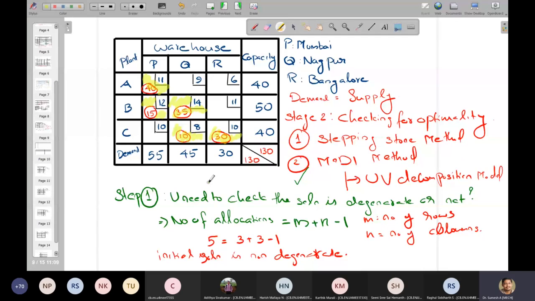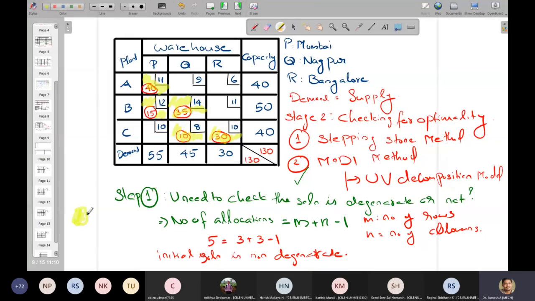And there are cells where there are no allocations. The cells which have allocations are called stone squares.